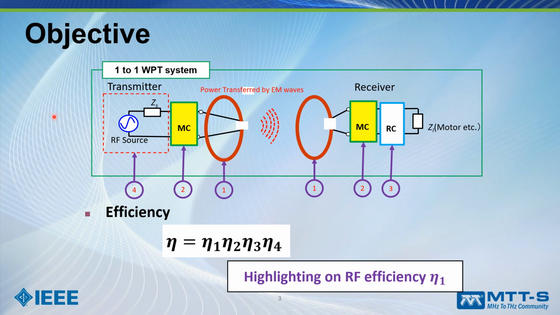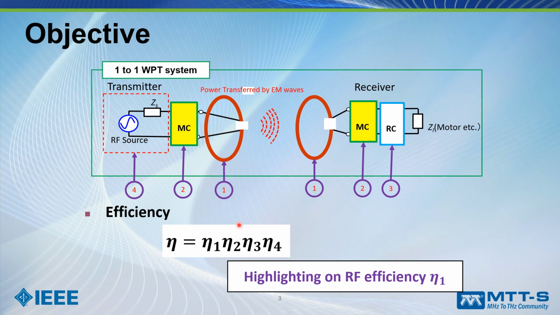Now let me introduce the objective of this research. Here is a typical one-by-one power transfer system. The total efficiency of this system is the product of four factors. One is eta 1, the efficiency between the transmitting element and the receiving element.